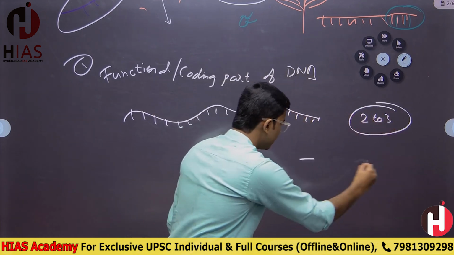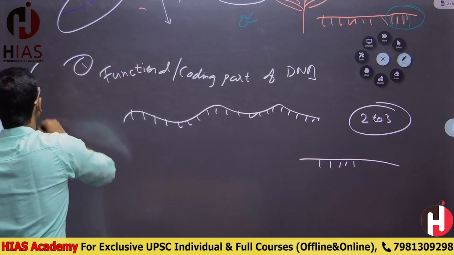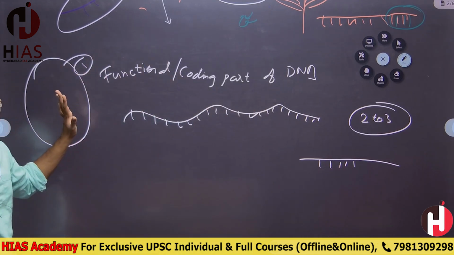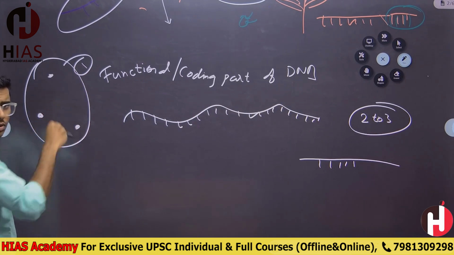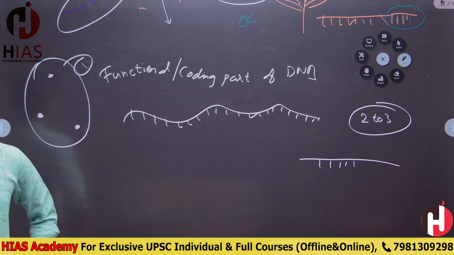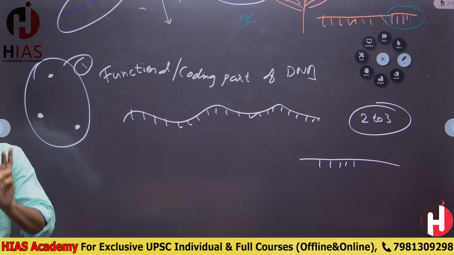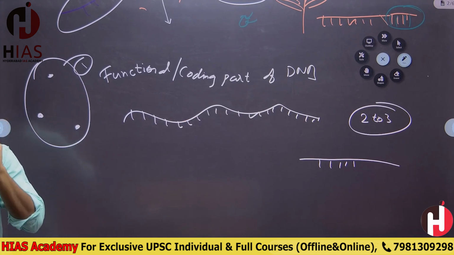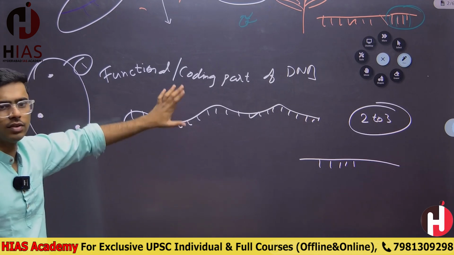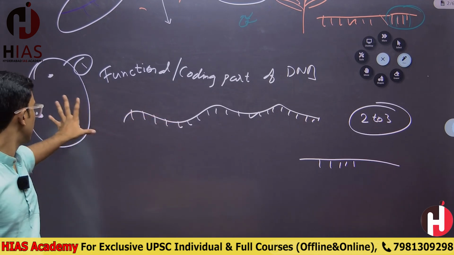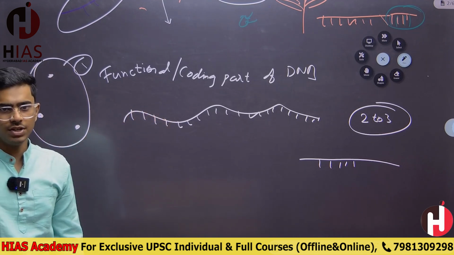That means if this is a whole big ground, only 2 to 3% of the part is constructed. Now, what about the other part? They usually call it junk DNA. Although we don't know what exactly the purpose of that DNA is, which we will discuss in this Nobel Prize. But usually this part, other than genes, is called junk DNA.